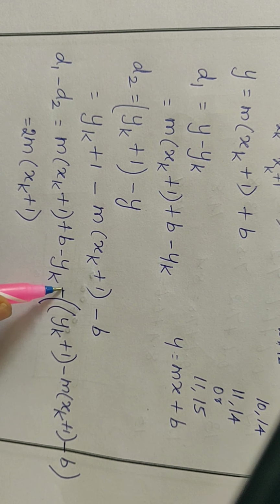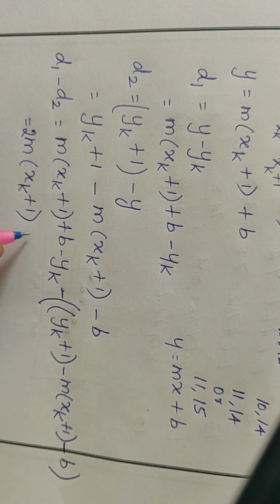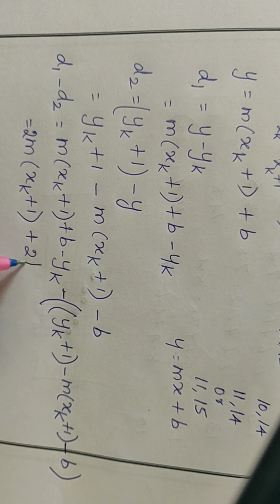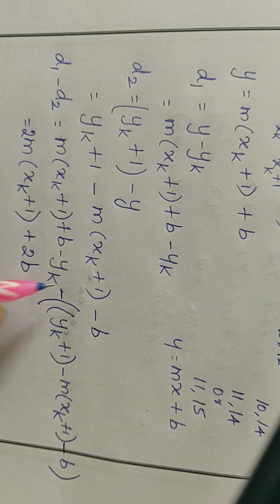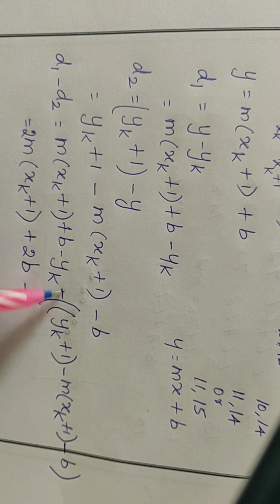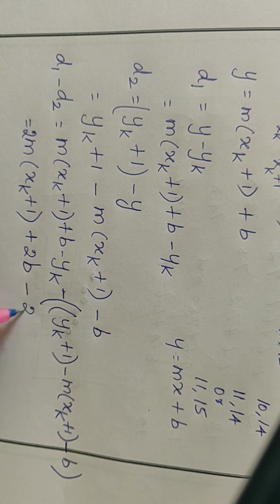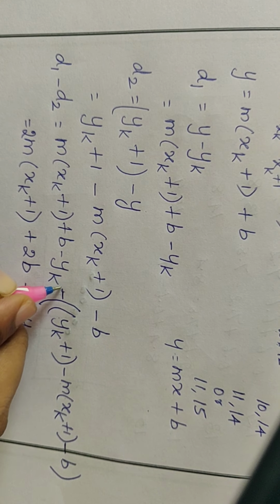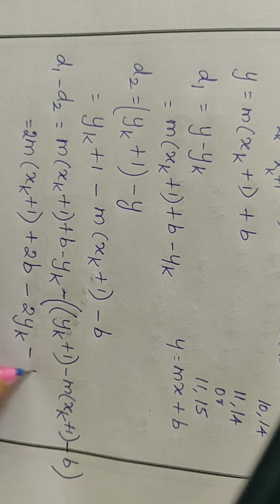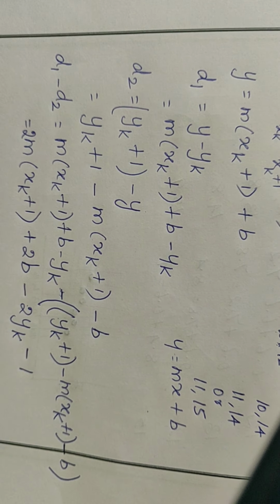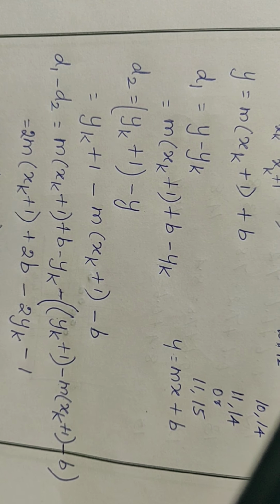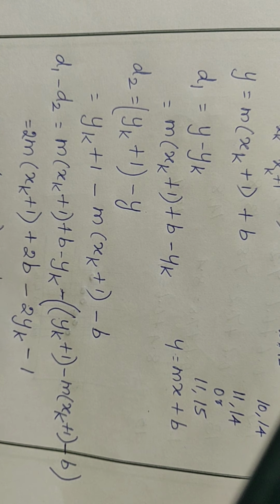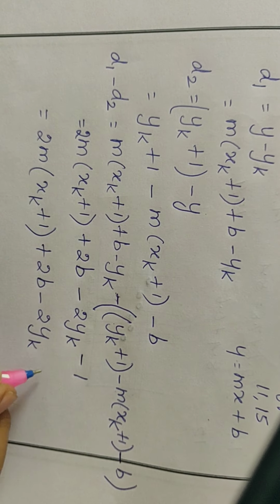Plus b, when this minus goes inside it becomes plus, so it is 2b. Minus yk, and when the minus goes inside I'll have one more minus yk, so it is 2yk. This minus when it goes inside it becomes 1. So I'll write it as 2m xk plus 1 plus 2b minus 2yk minus 1.